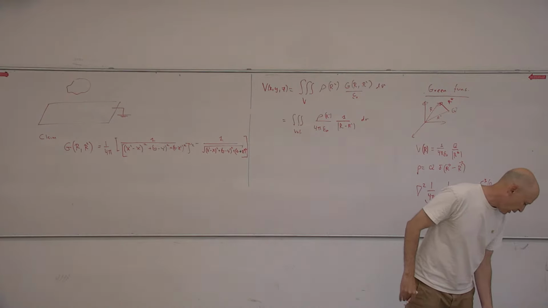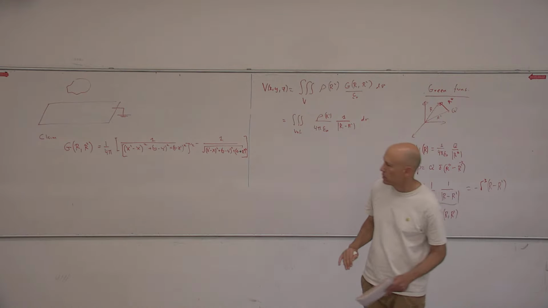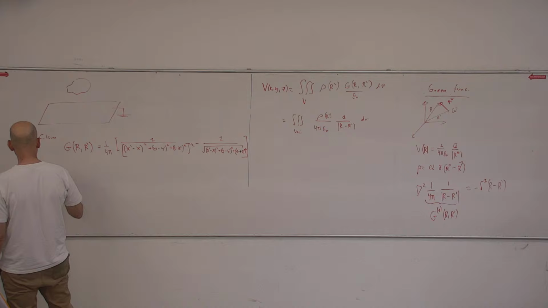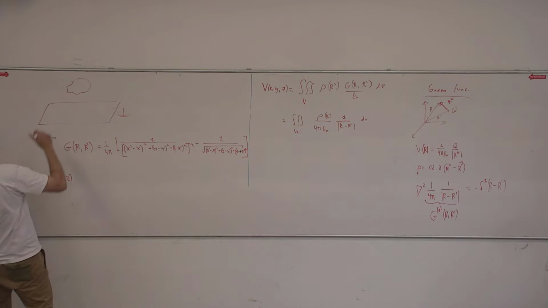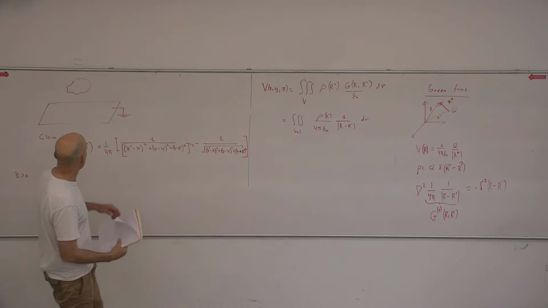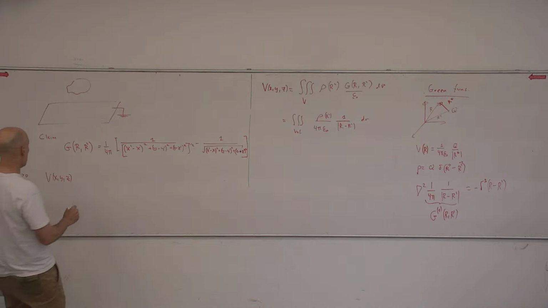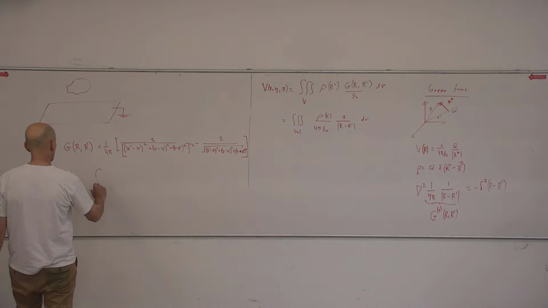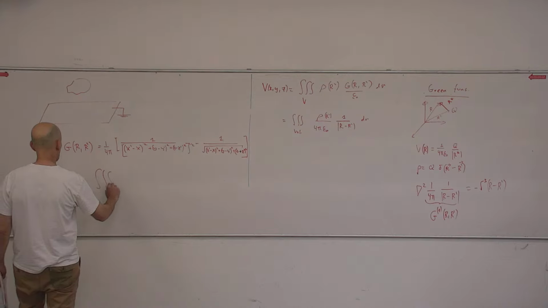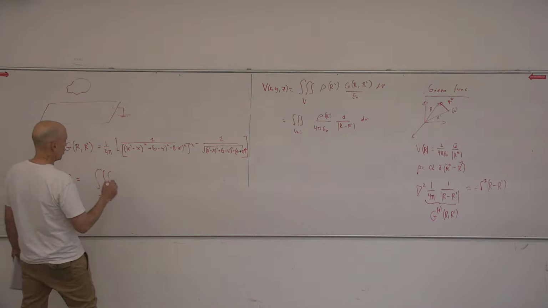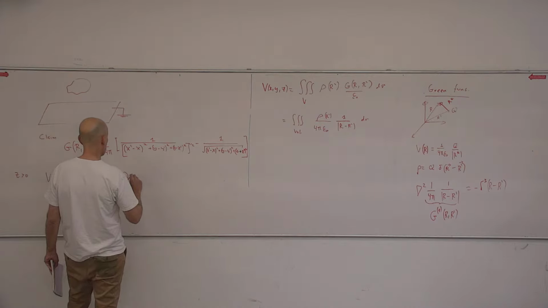So what does it mean? The claim is the following. The claim is that V of x, y and z, this is again for z greater than 0, underneath here there's no charges, it's only above, is equal to the integral over the upper plane, but you can integrate also the lower plane if you want, of the charge density.